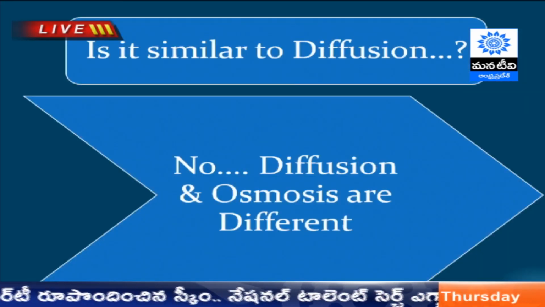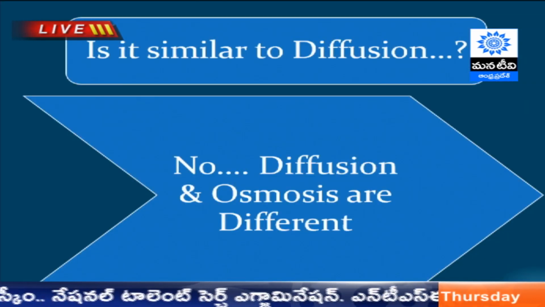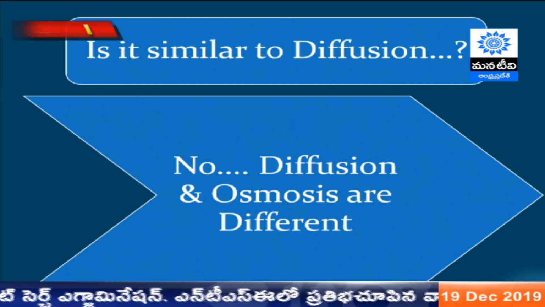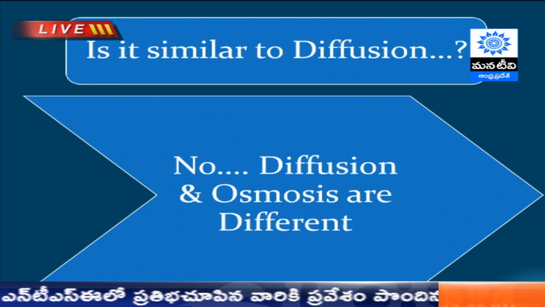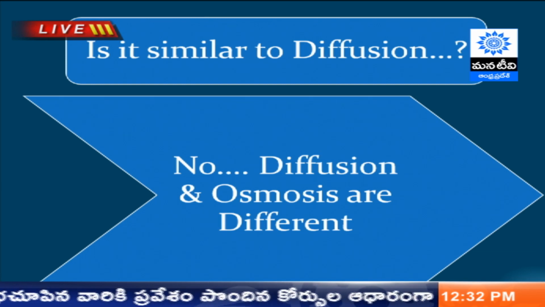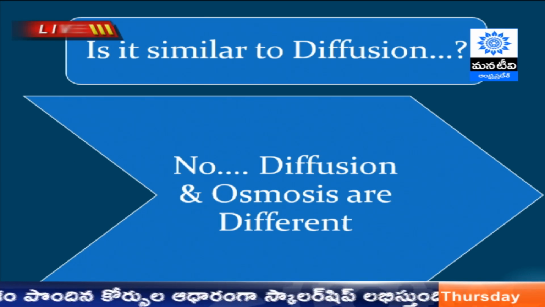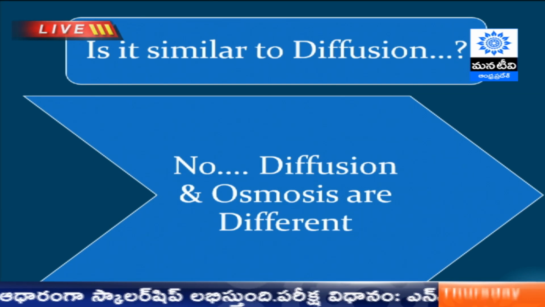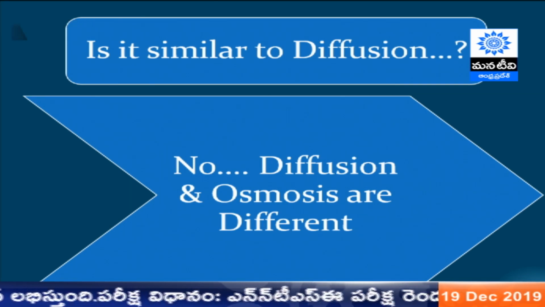Is osmosis the same as diffusion? No, it is never. In diffusion, both solute and solvent move in opposite directions, whereas in osmosis only solvent moves.